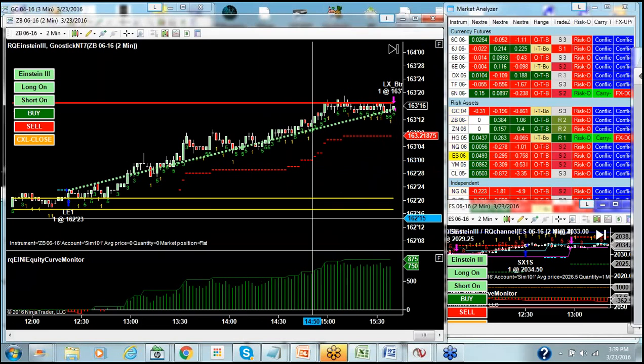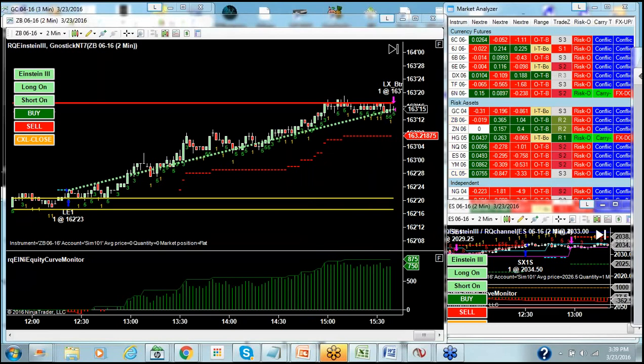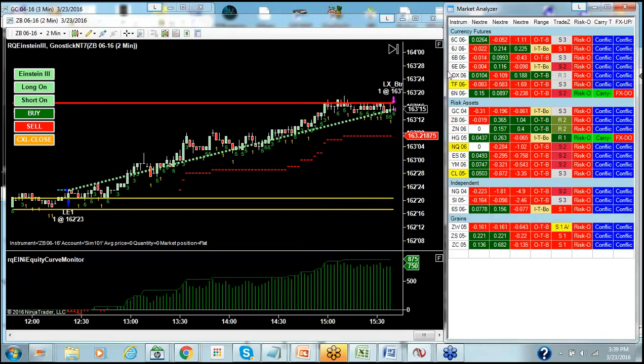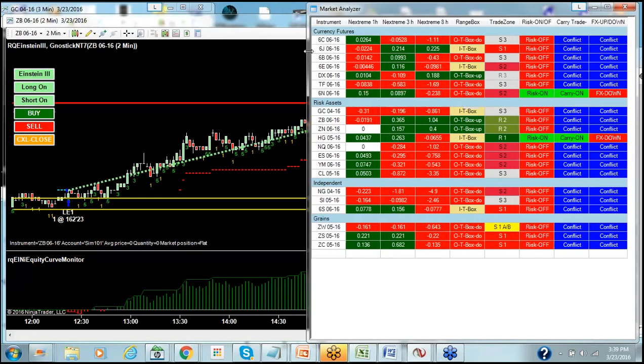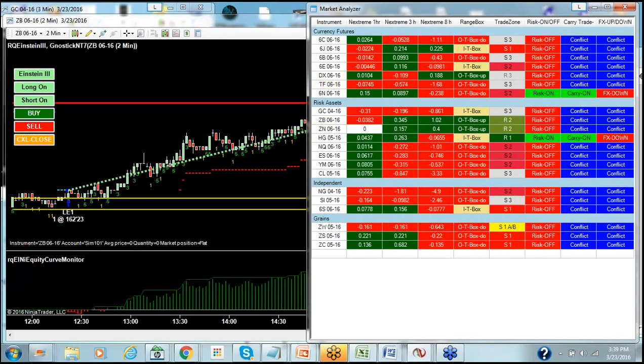Okay, again, from the start, we chose this as we are in risk-off sentiment, and that we come right here. Here's the risk-off.